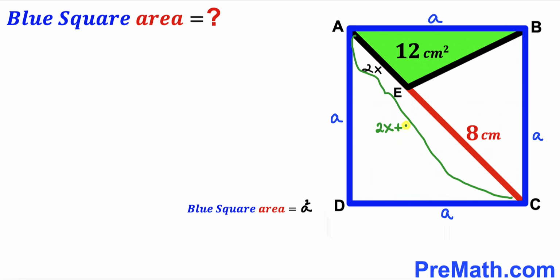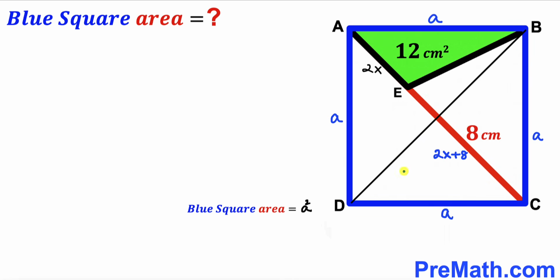So this whole diagonal AC length is going to be 2x plus 8. In this next step, I am going to connect these two points B and D, as you can see, and we end up with another diagonal BD.